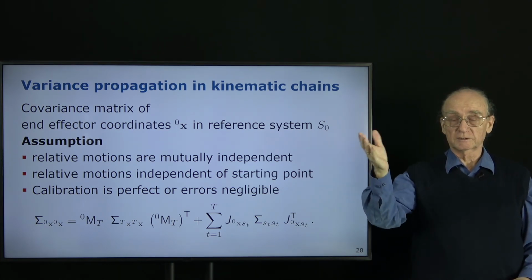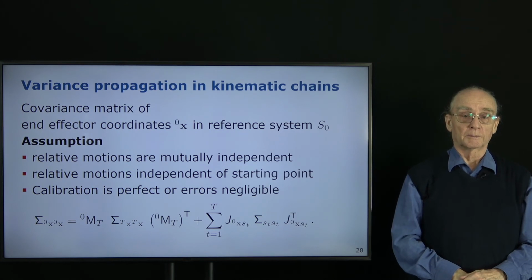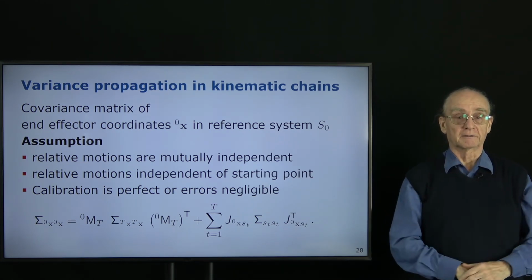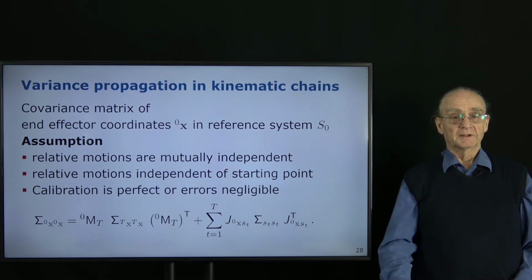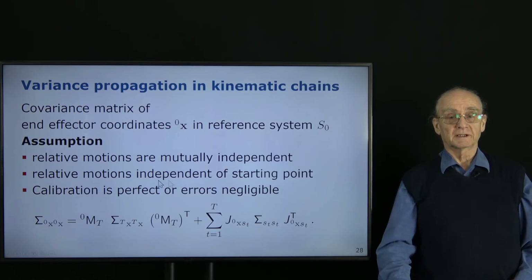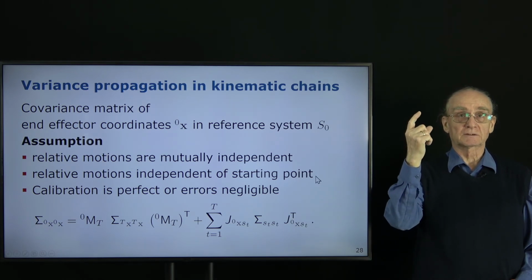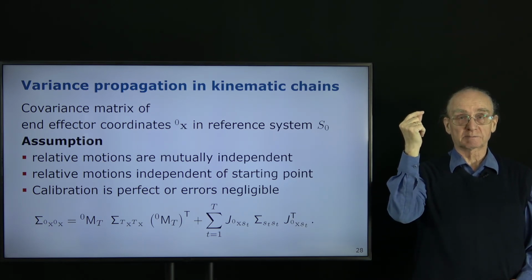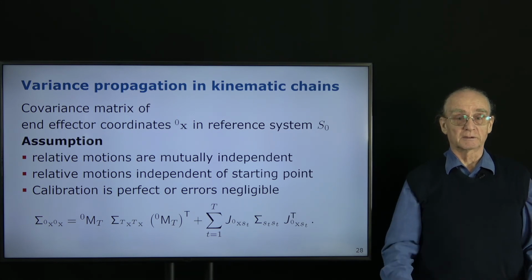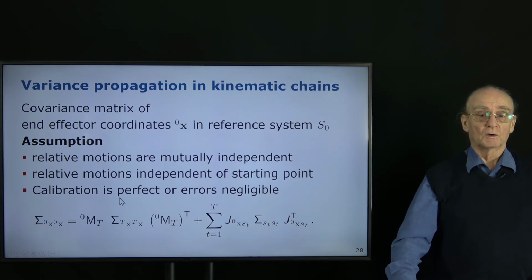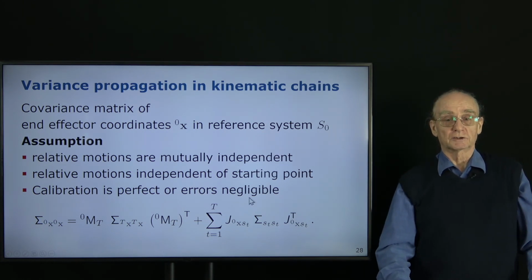In the case of a robot arm, we assume that the measurements of the angles are mutually independent. Then the relative motions are independent of the starting point. That means the coordinates of the end effector in the last coordinate system are independent. And we assume that the calibration is perfect, or the errors of the calibrations are negligible.